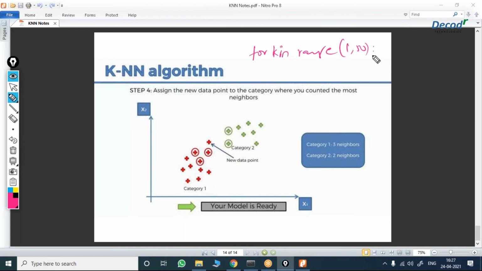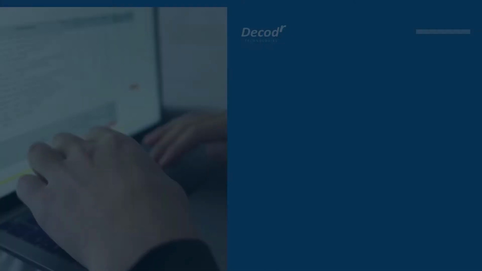Whichever k has the lowest RMSE value, choose that k for your final model. For classification, we choose accuracy as the evaluation metric. For regression, choose the RMSE, whichever has the lowest. Fine.